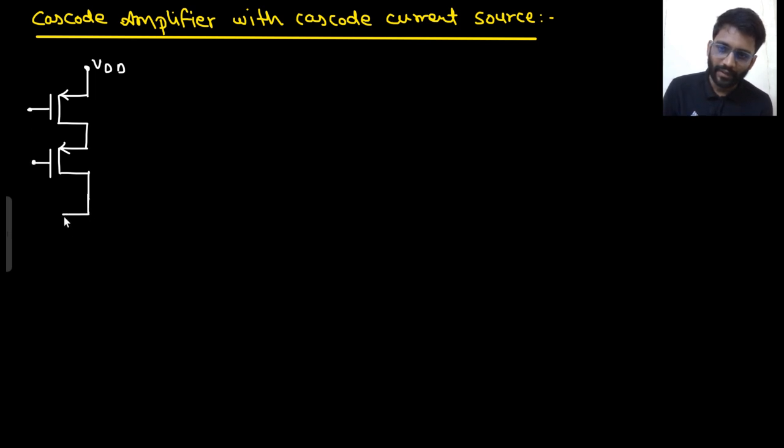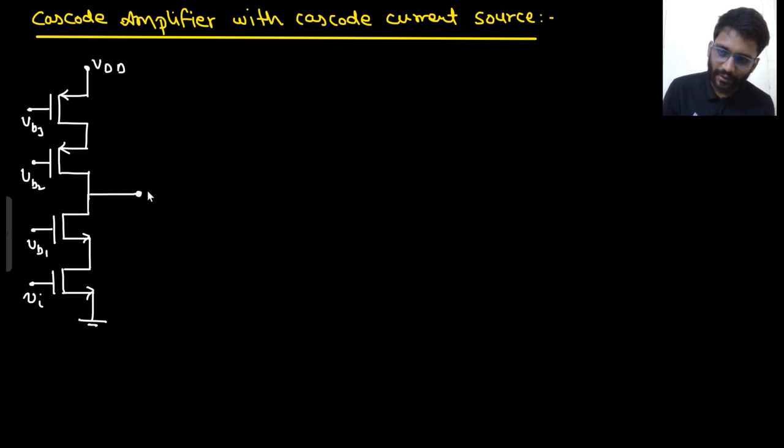And then we have a Cascode amplifier. This I can call VB1, this will be VB2, this will be VB3. And here is the output. Say yes or no. Are you agreeing to this point?